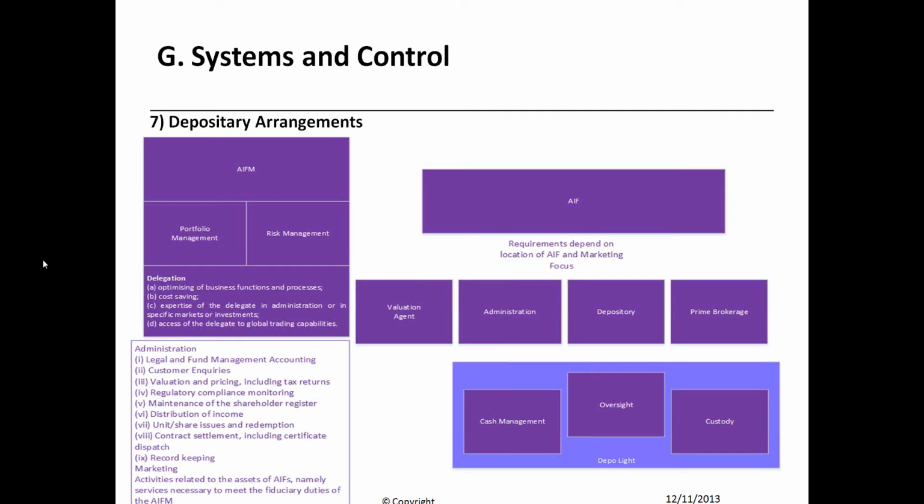It has been suggested, and it's reasonable to conclude, that in a lot of cases it may not have a significant effect on the day-to-day operation of your business, as your administrator might assist you with cash management, your prime broker may be custodying the assets, and it just requires the additional insert of an oversight function with a regulated firm that can provide depository services.